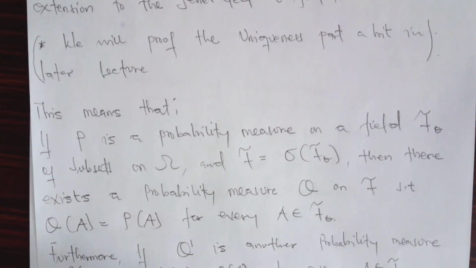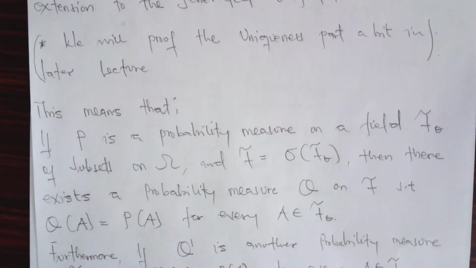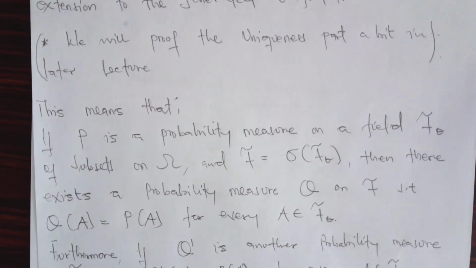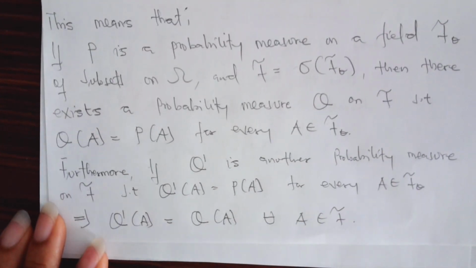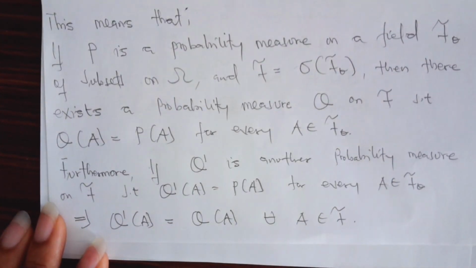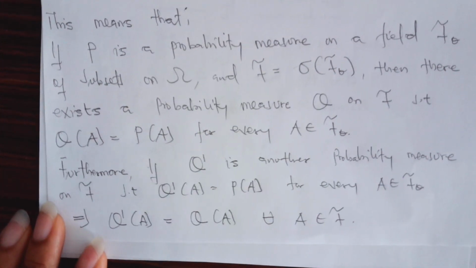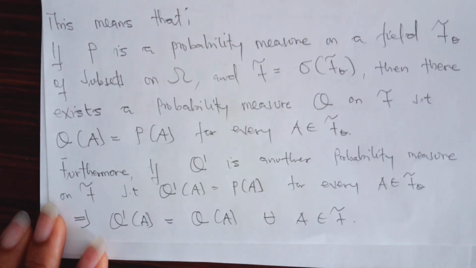Furthermore, if we take Q prime, which is another probability measure on F, such that Q prime of A is equal to P(A) for every A belonging to F_0, then it implies that Q prime of A is equal to Q of A for every A belonging to F. So this is the uniqueness aspect we are talking about.